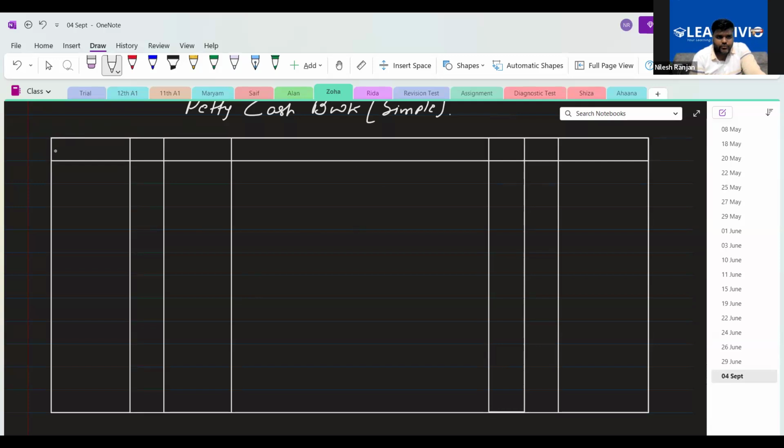So this is amount received, the first column. Then this is cash book folio. Here it is date, then particular, then again cash book folio, and here LF.